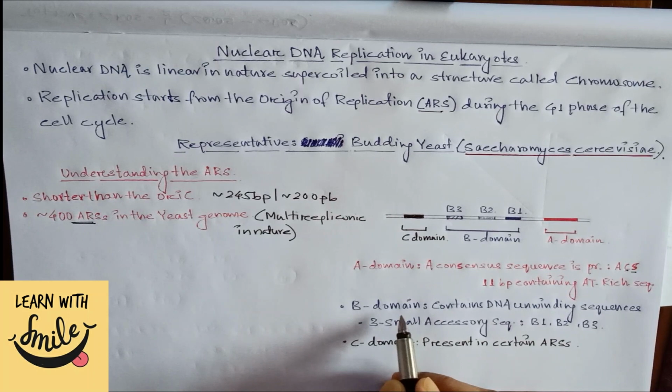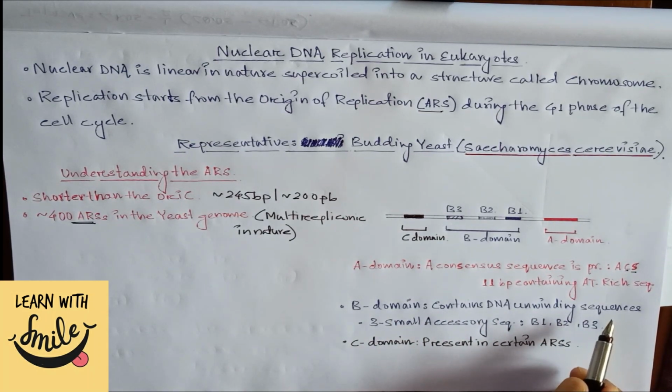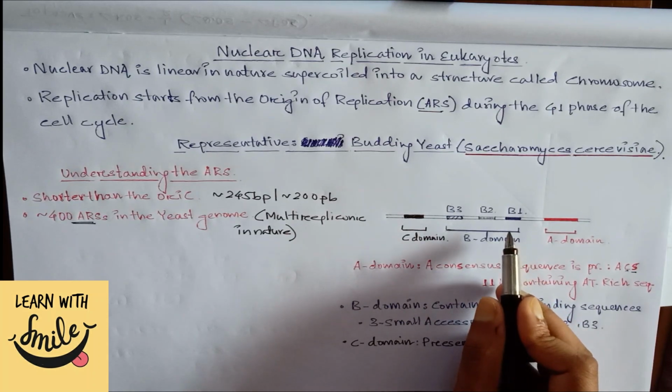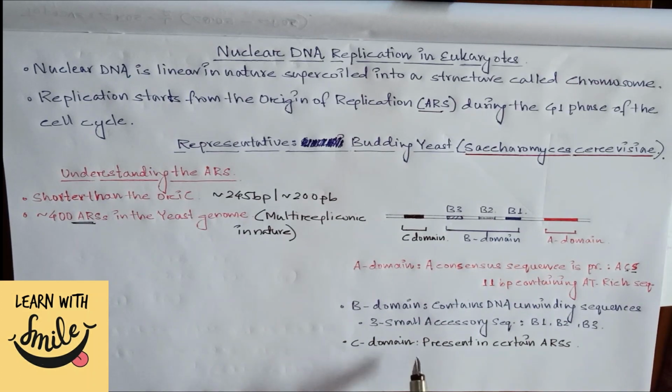Talking about the B domain, it contains DNA unwinding sequences, which makes it obvious that the initiation of DNA replication will start from this B domain, that is, the melting process which is required for DNA replication will start from the B domain. And finally, coming to the C domain, it is present in certain ARSs, that means not all ARSs possess this C domain.